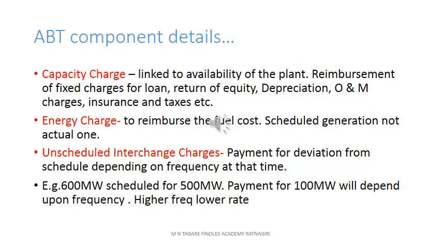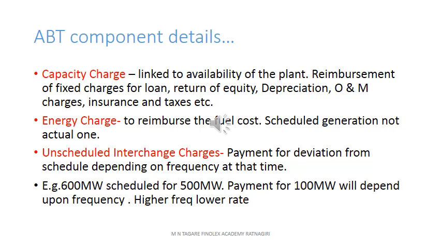So here we have to understand that the energy charges are calculated on the scheduled generation, not the actual. Let us say I have scheduled 500 megawatt and so much fuel is going to be used for that, so I will recover that amount from the concerned party. Whether I generate 400 or 600, that doesn't matter.